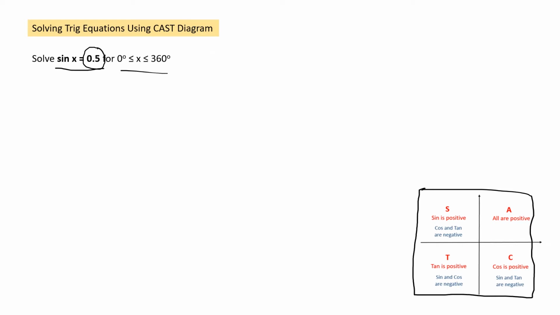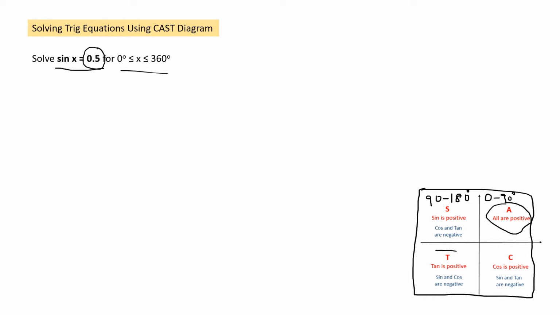If you look at the CAST diagram, all of them are positive in the first quadrant. So sin is positive here, and our angle x could be between 0 and 90 degrees. And sin is positive here too, and 0.5 is positive in our question, so our answer can lie in this domain as well.